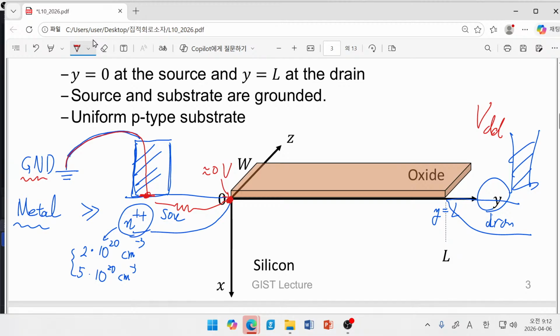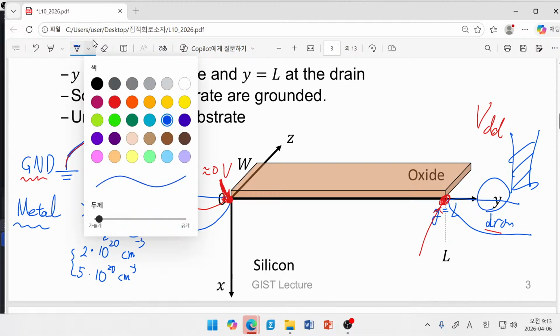So in this case, although we have quite a large area devoted to this source and drain, in our electrical sense this can be regarded as the starting point of our most important electrical part. And also here you can see that this is the end of our channel inside of our drain, and here we have a drain contact.